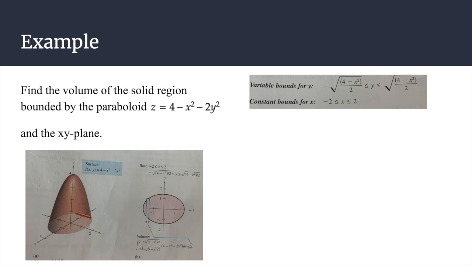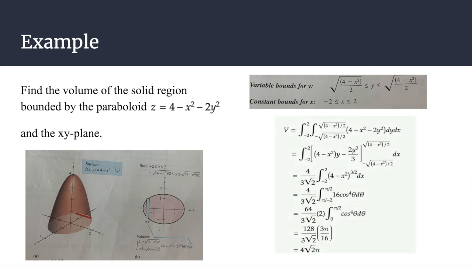This plane region is both vertically and horizontally simple, so the order dy dx is appropriate. The variable bounds for y are given, and the constant bounds for x are also given. So the volume is given by the following solution, which equals 4 root 2 pi.